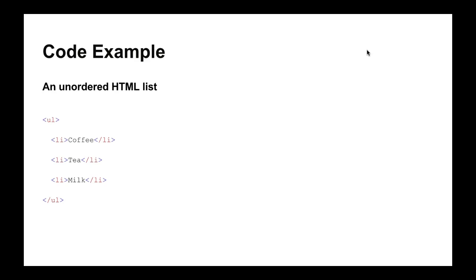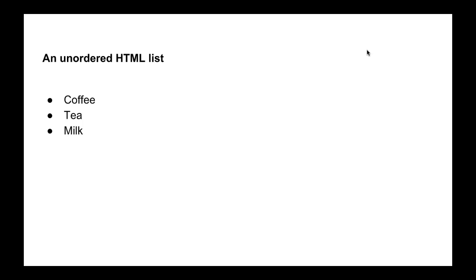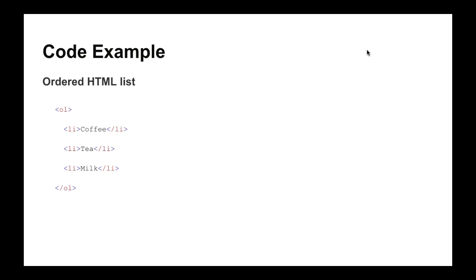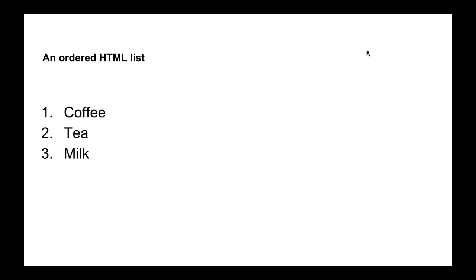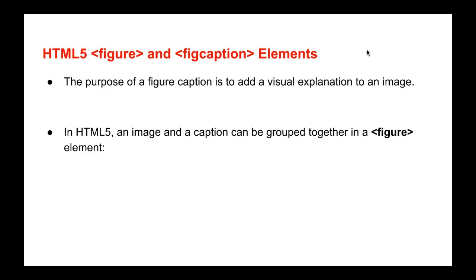This is an example of an unordered HTML list, and this is how it looks like. This is an ordered HTML list example, and this is how it looks like. HTML figure and figcaption elements.